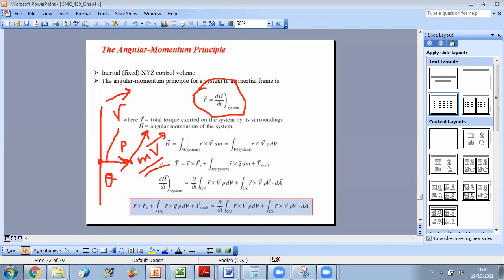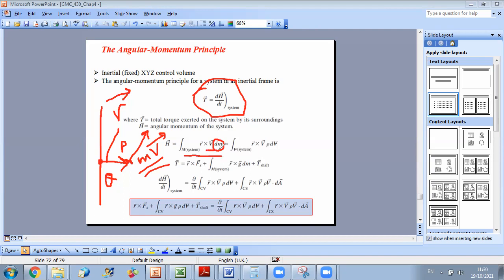Now if you have a variation of velocity, meaning not all the particles have the same velocity, then you are forced to find the angular momentum by integration. For each small mass dm, I take the moment of its linear momentum.